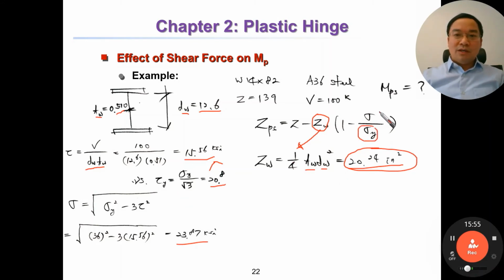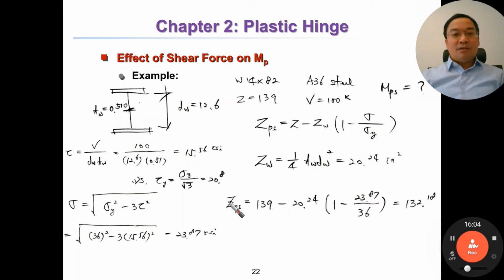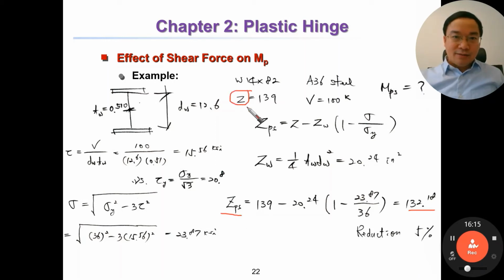Sigma y, we have sigma and Z and Zw. Then we can calculate Zps. Zps equal to this one. Okay. Now compare Zps with Z. Then Zps and Z. We found that the reduction is very small, just 5%. Okay, just 5%. What does it mean?